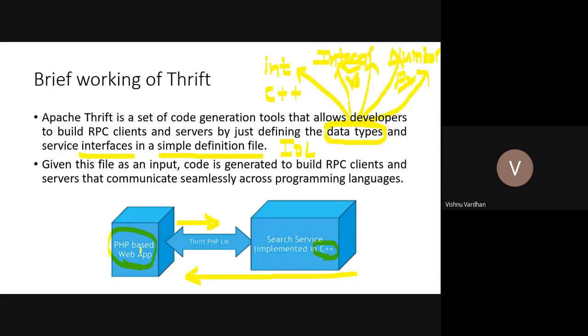That means we are giving input in the PHP language and getting output in some other language. So it is cross compatible. It is providing cross compatibility of the data across different languages.